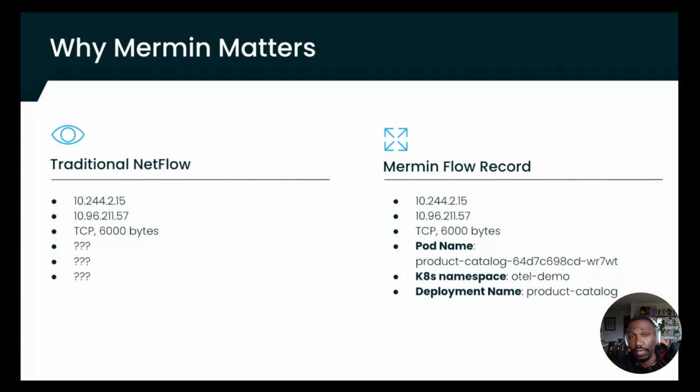But those things can often change because we know that it's an ephemeral environment. So with Mermin being deployed in your Kubernetes environment, listening to the K8s informer, we're also able to attribute any of the networking information to a given pod. So given your pods are talking and changing, you'll always know who was talking to whom and when.